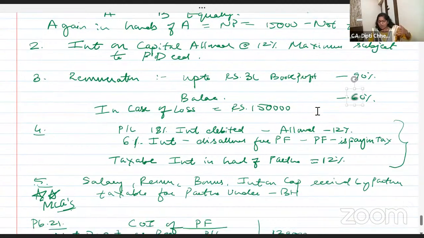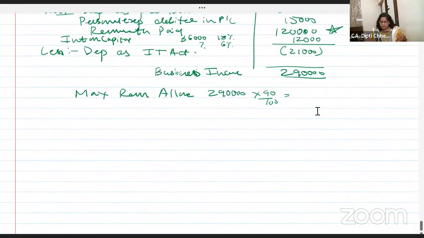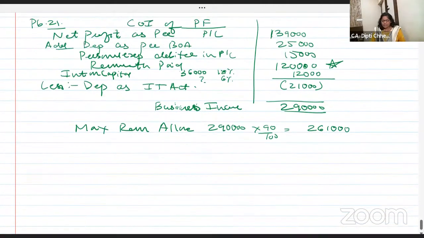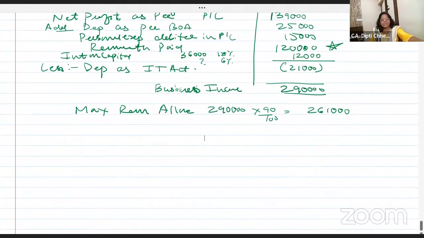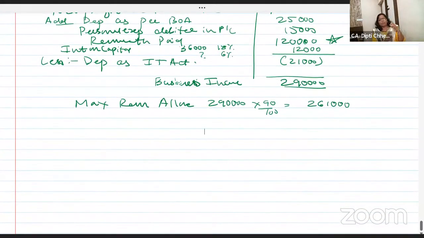Balance 3 lakh के beyond 60%. तो अभी ये कितना है आपका 290, इसका 90%. So how much maximum remuneration you can pay? 261. How much you have paid? 120. Is 120 allowed? Answer is yes, it is allowed. How is this problem separately asked for 4 marks?